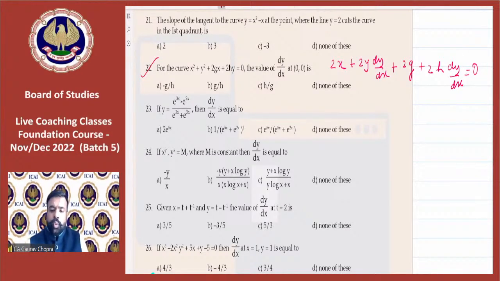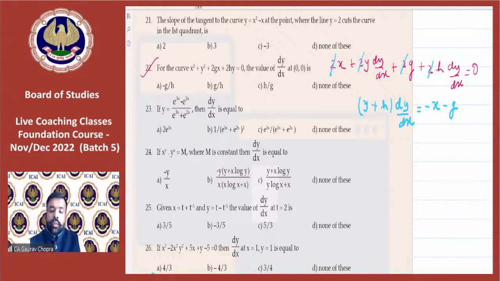So 2 is common in all of them. We can cancel 2 from all. Then x, then y plus h, these two are common, dy by dx, and we can send x to the other side as well as g. And also we can input the value of x and y.